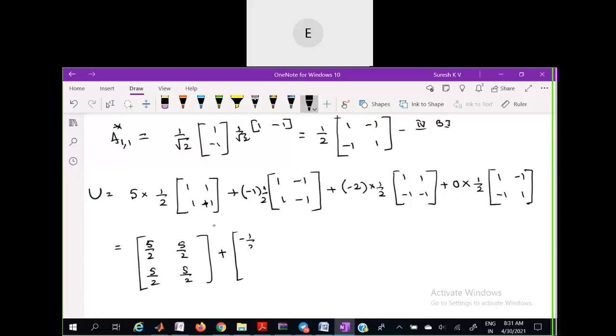So this is minus half, plus half, minus half, plus half. And if I multiply, I'll get minus 1 here. 2 and 2 cancel, so let me take that minus 1 inside. Minus 1, minus 1, plus 1, plus 1. Plus 0 into anything is 0. Therefore, it is 0, 0, 0, 0.